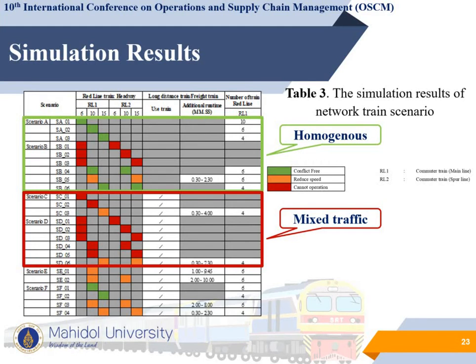The Red Line train has ATP, and when mixed with long distance trains this results in additional runtime. It is recommended that we change Bang Sue station from turn back type 1 to turn back type 2.